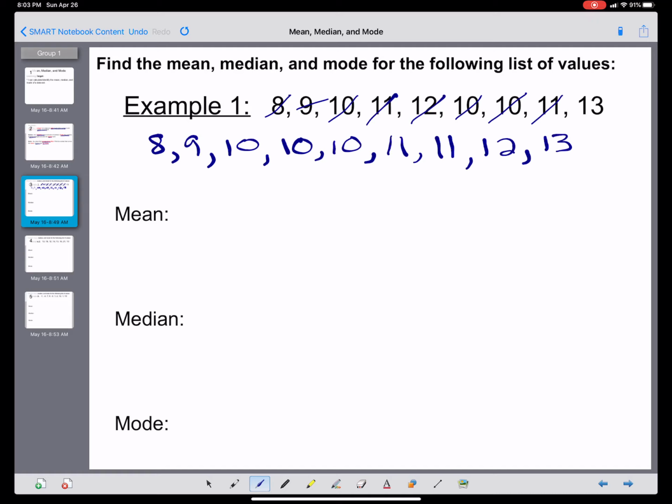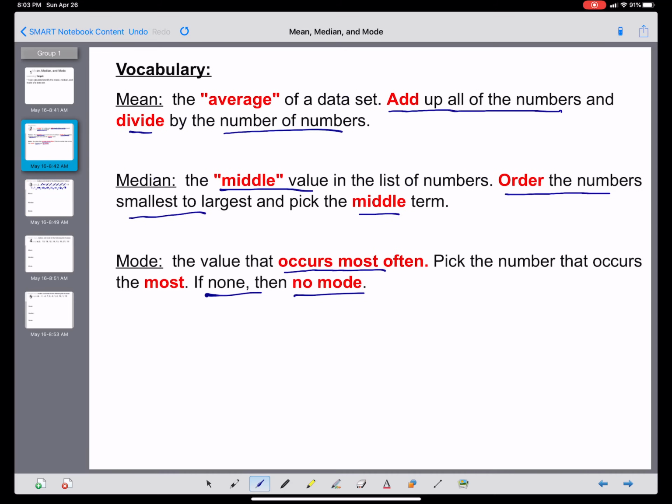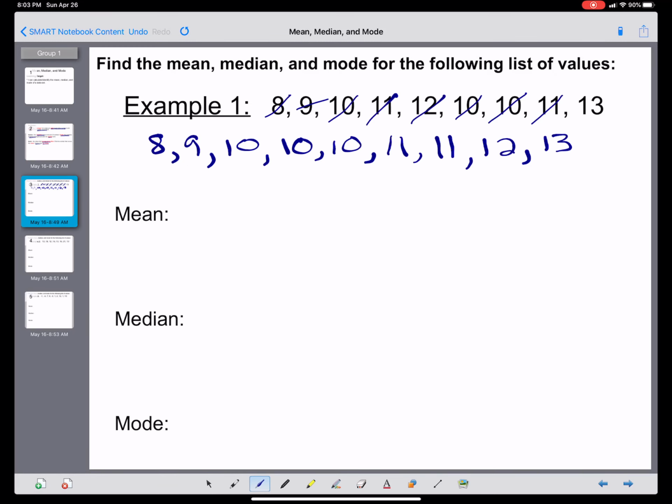to largest. To find the mean, remember it says to add up all the numbers and divide by the number of numbers. Okay, if I were to add all this up, so 8 plus 9 plus 10 plus 10 plus 10 plus 11 plus 11 plus 12 plus 13.